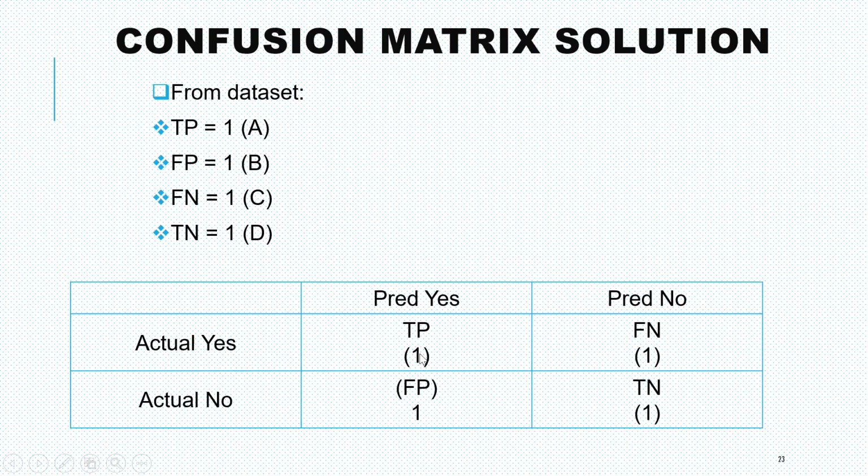Actual no, predicted yes, we have false positive, that is 1. Then false negative, we have 1, where actual is yes, but it predicted no. And then actual is no, and it predicted no, that is true negative, it's also 1. So this is the confusion matrix.